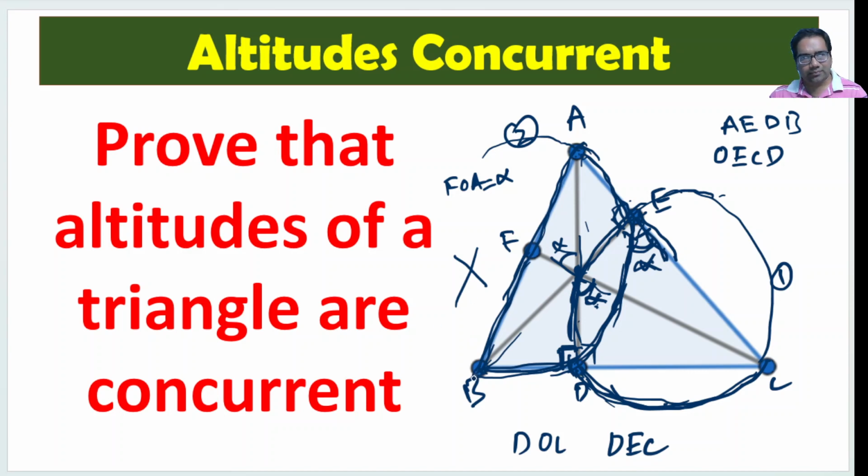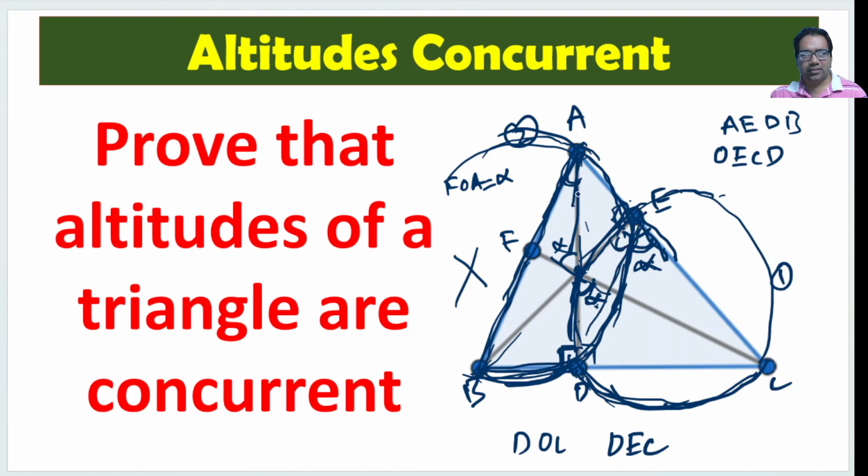Now, again, let's take circle number 2. In this circle 2, let's take this arc BD. BD is making BAD, this one angle, and BED, again on the same circle.